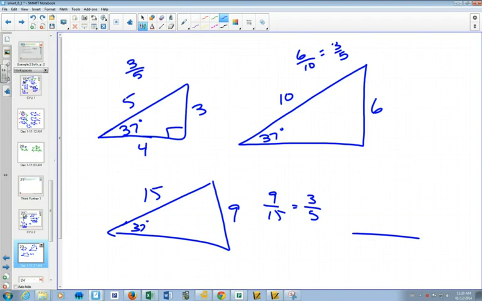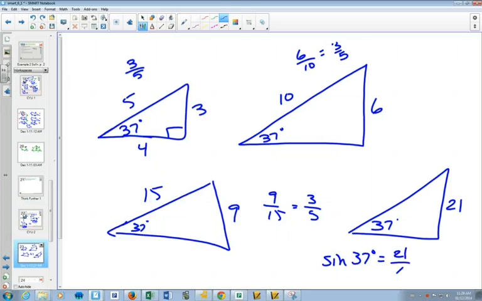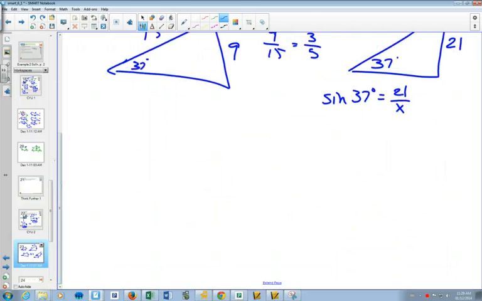So then they said, if I know this is 37 degrees, and this is, I'll pick a number that works out nice, 21. Because I know the ratio, that sine of 37 degrees is always 0.6, they said sine of 37 is 21 over x, and I know from experience this is 3/5.